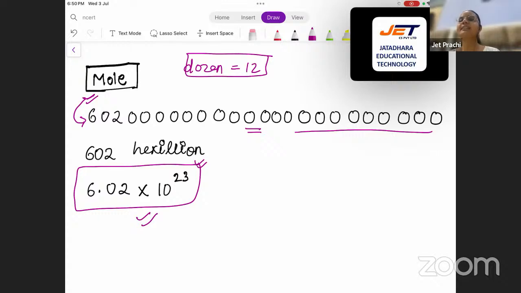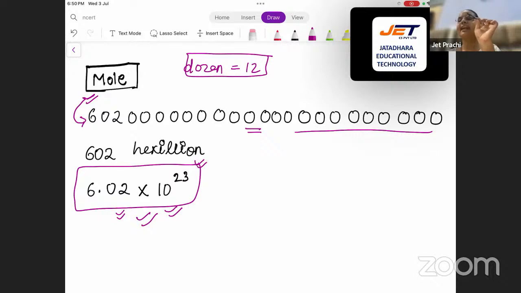For example, if I say a dozen of banana, then you know that we have 12 banana. Now, if I say 1 mole of bananas, then that will be equal to 6.02 into 10 raised to the power 23 bananas. How big is this quantity? For example, if I take these many candies, the toffees that you eat, a toffee like this, right?